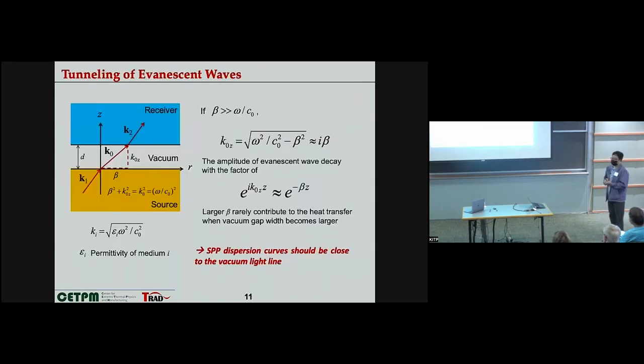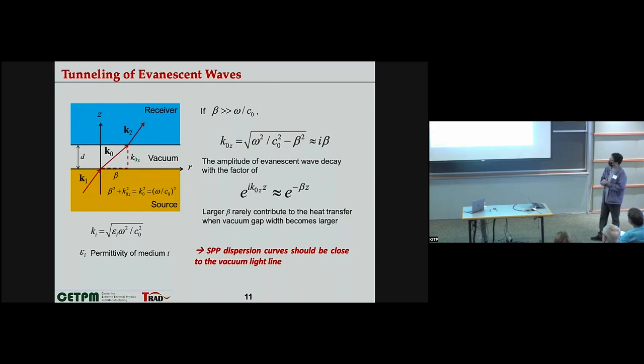So we thought about why. And it becomes very obvious now. If you think about the tunneling configurations, and we take the parallel component of the wave vector in vacuum as beta. An evanescent wave has a high parallel wave vector component so that it has a large magnitude of the imaginary normal wave vector component. So if beta is very large, much larger than the wave vector in the vacuum, then the normal wave vector component in vacuum approximates simply as i beta.